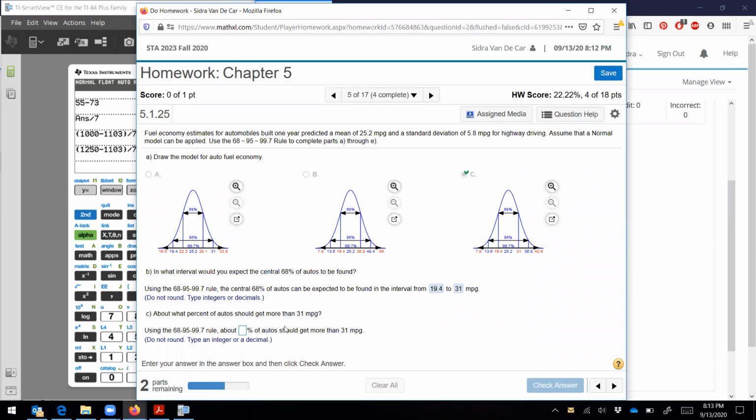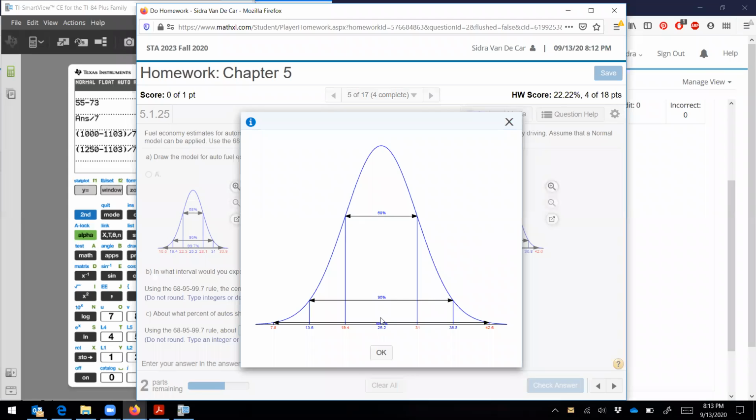About what percent of autos should get more than 31? Okay, now we're being a little bit tricky here. Let's look at this. Notice this center here means that half the data is over here and half is over here. And so half of the 68 is here, which is the 34, and half of it is here, which is the 34.